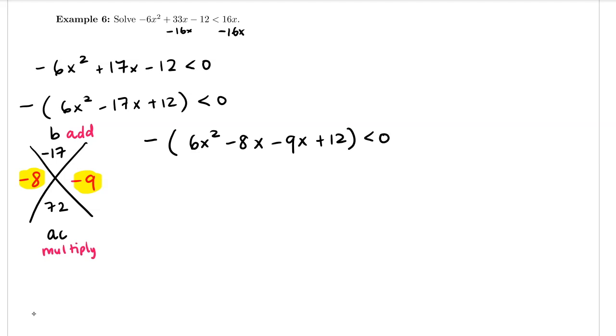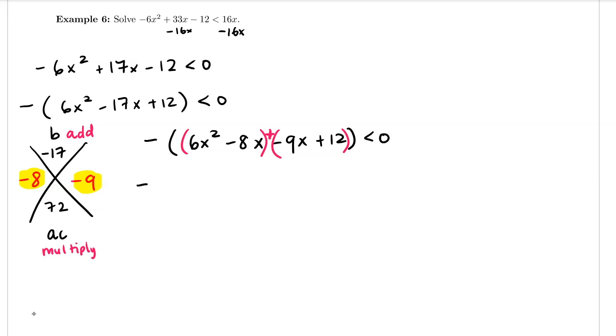So what I'm going to do is group the first two terms together, and then put a plus sign and group the second two terms together, because subtracting 9x is the same thing as adding -9x.